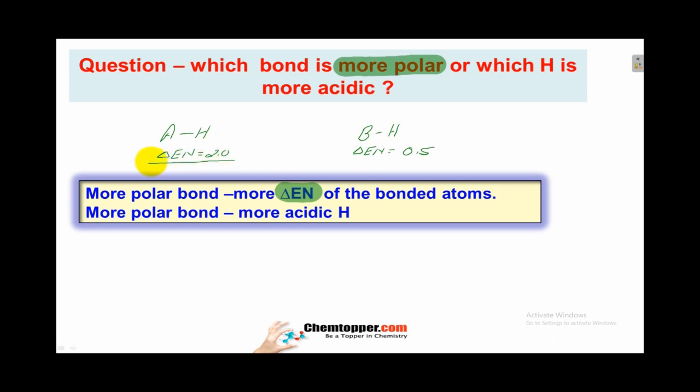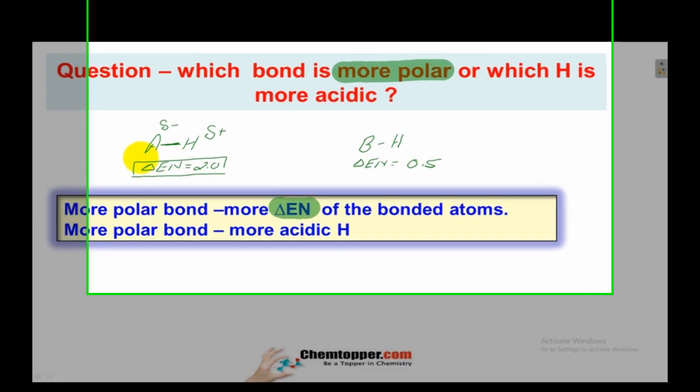So where is the difference in electronegativity more? In the A and H bond. So it means this bond is going to be more polar. There is more charge separation than in the B and H bond. There is charge separation in B and H also, but due to less difference in electronegativity, there is less charge separation and hence less polarity.